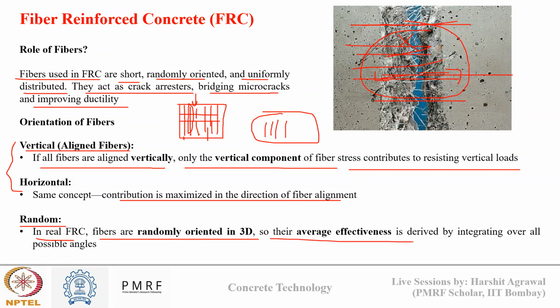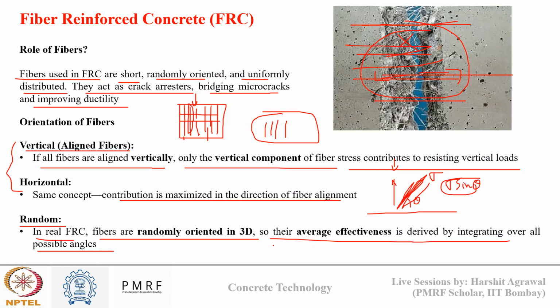So there is average effectiveness which is derived by integrating all possible angles. So suppose my fiber is oriented along this side, and the stress is sigma, and this angle is theta from horizontal. So when I am talking about the vertical loading condition, then the sigma sine theta component of the fiber will contribute in resisting the load.